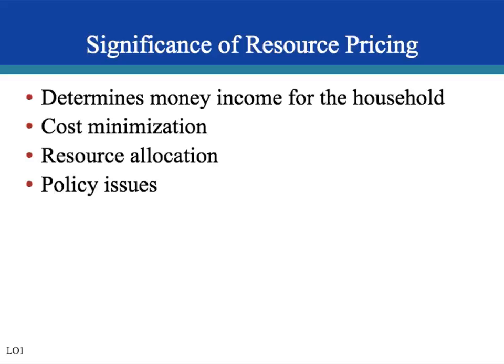Resource prices will also determine how the resources are allocated. Firms that demand more of a certain resource and are willing to pay more for it will acquire that resource.